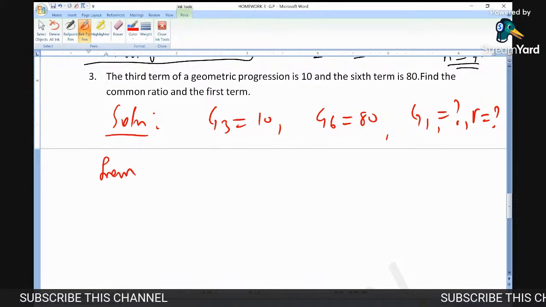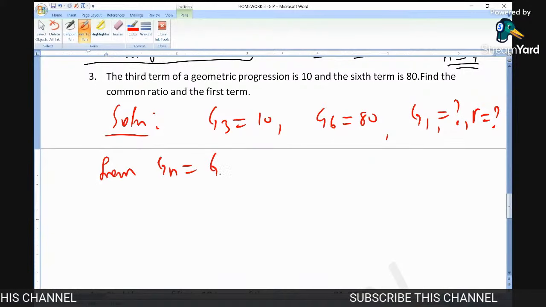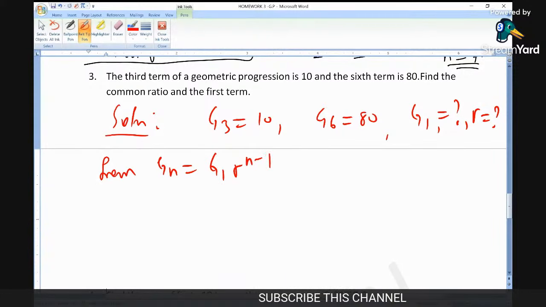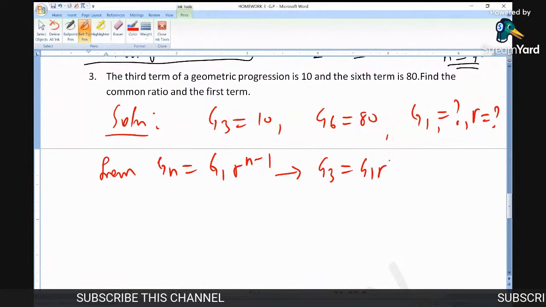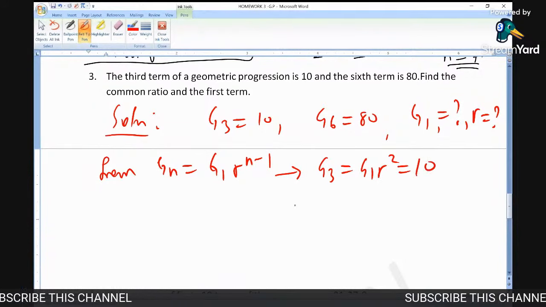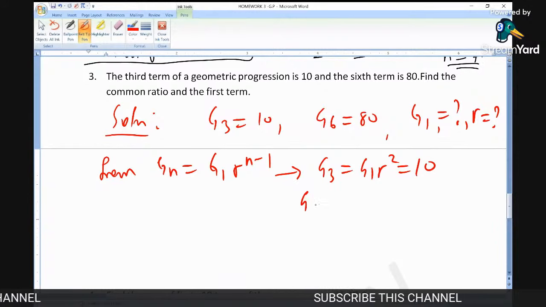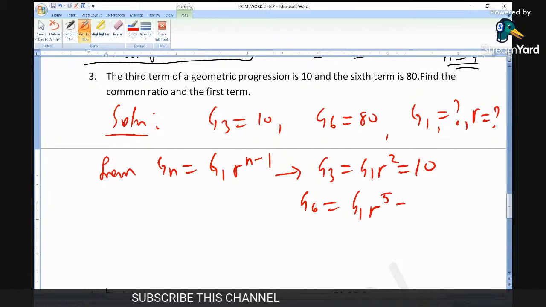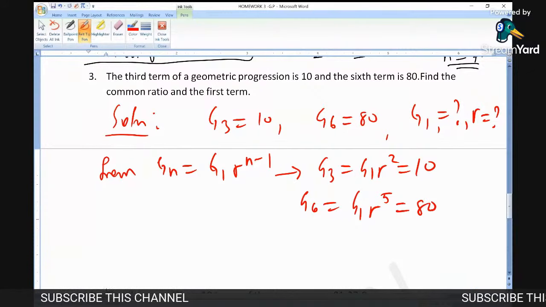So again, from Gn equals G1 R exponent n minus 1, we know that G3 is G1 R square equals 10, and G6 is G1 R power 5 equals 80.